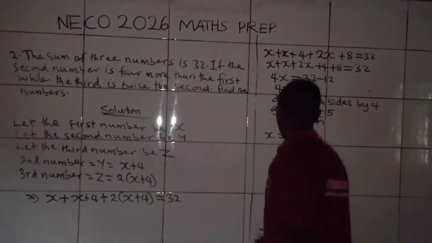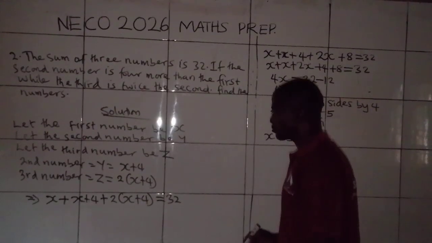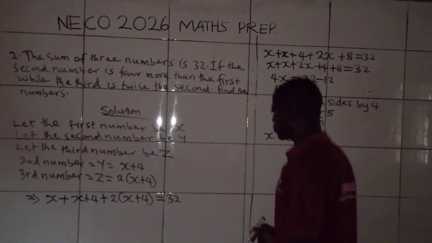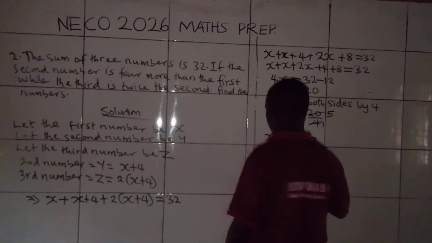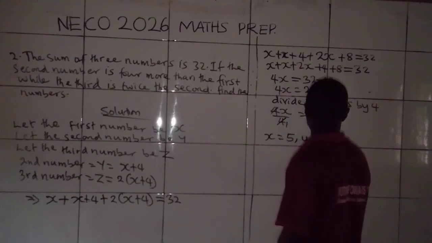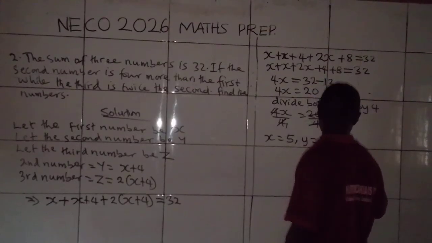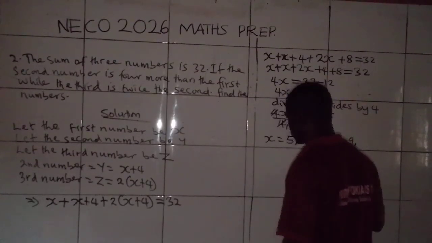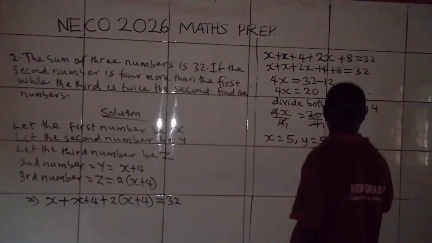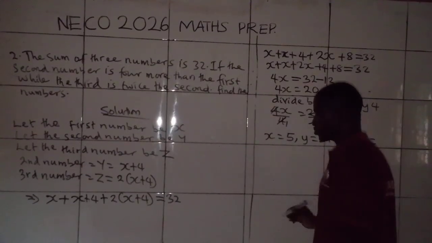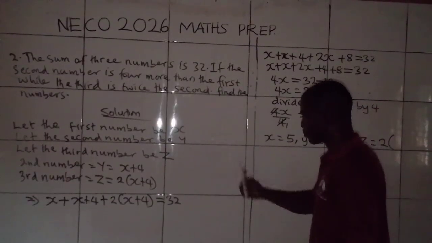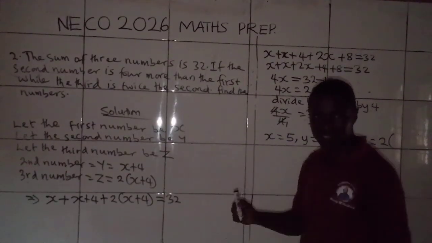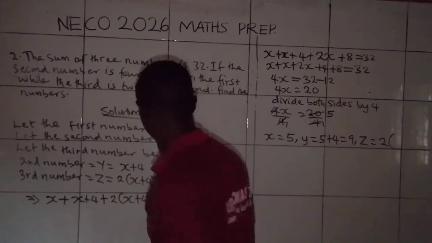So x is equal to 5. Then from y is equals to x plus 4, it means that y is equals to 5 plus 4, which is equals to 9. Then z, z is equals to 2 into x plus 4. And our x is equals to 5.